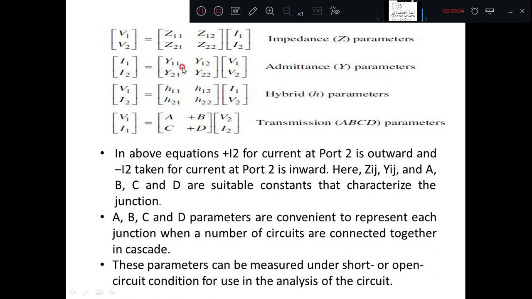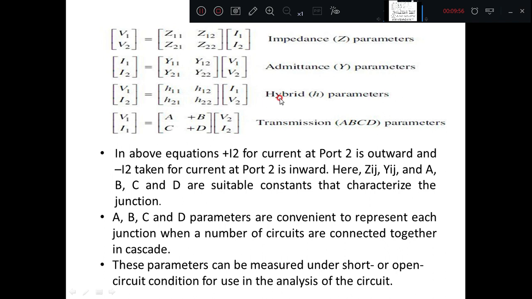Admittance is the reciprocal of impedance, 1 over impedance. If impedance is V by I, then admittance is I divided by V. So Y11 is I1 divided by V1, Y12 is I1 divided by V2, Y21 is I2 divided by V1, and Y22 is I2 divided by V2.